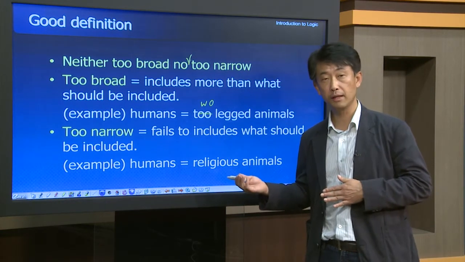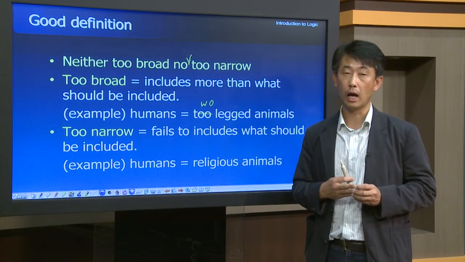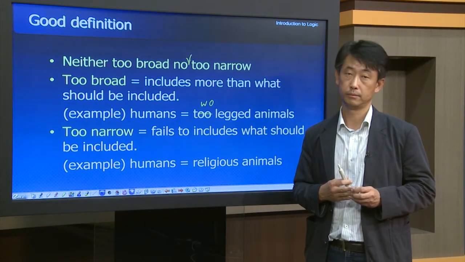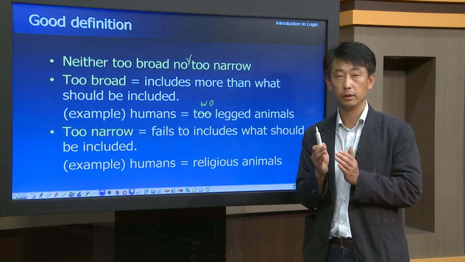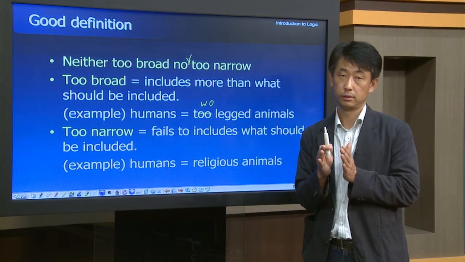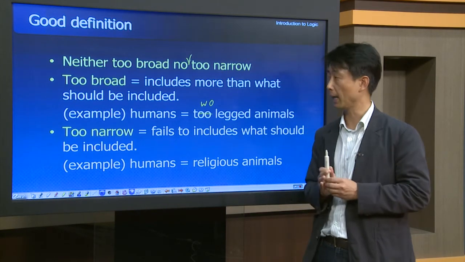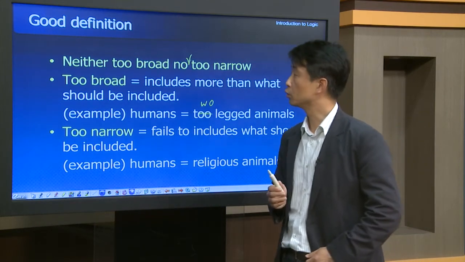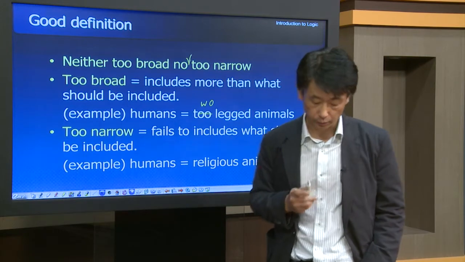But according to this definition, those non-religious human beings are not humans. So this definition is too narrow. It rules out objects that should be included. So a good definition tries to be neither too broad nor too narrow.